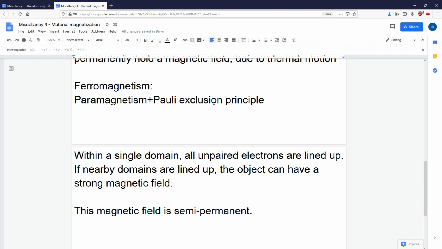Well, electrons still exhibit a repulsion towards each other. They're both negatively charged. They both try to repel each other. So they both want to be in the state that's farther away, which means that they both want to be lined up spin-wise.